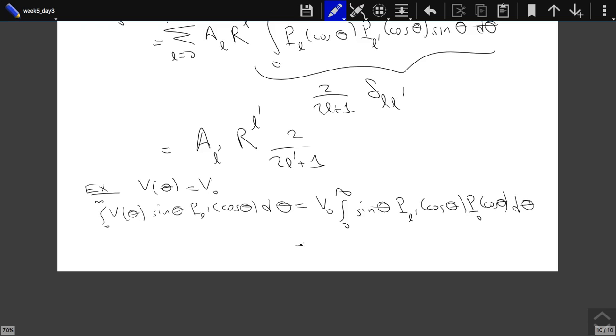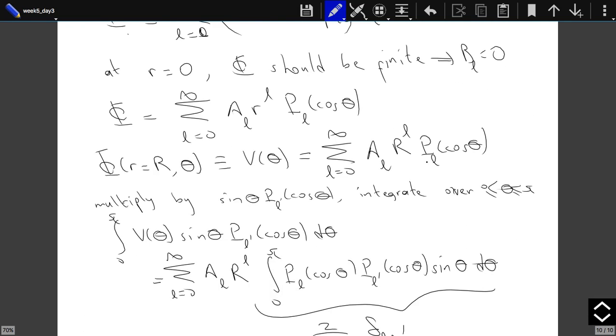So that integral, and we already know the result, is 2 over 2L prime plus 1 Kronecker delta L prime 0, so 2V0 Kronecker delta L prime 0. So in this summation, if we have an equipotential sphere, only the L equal to 0 term survives. The L equal to 0 term is just a constant.